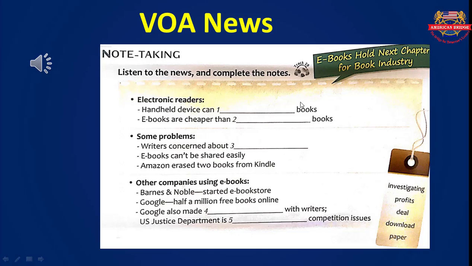So the above ones just focus on the concerns, right? But other companies, when they start using ebooks, like Google, they made deals with the writers. The U.S. Justice Department is investigating competition issues, right?